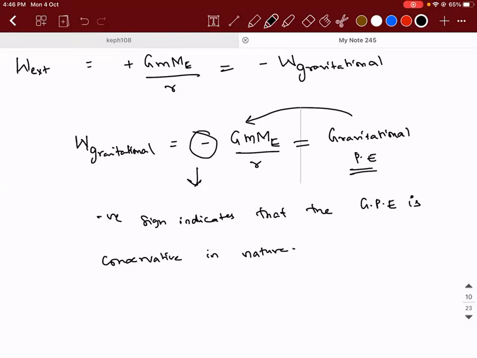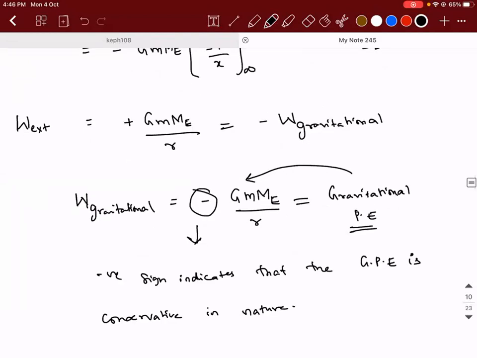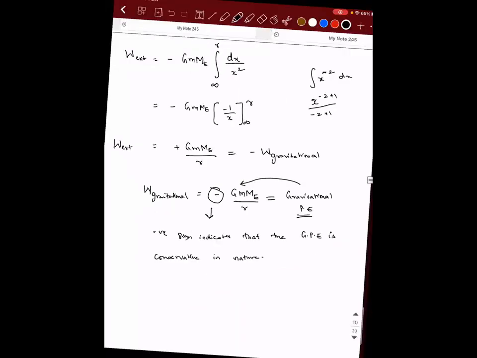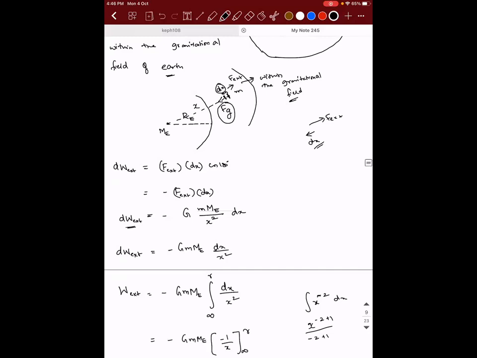Sir, could you show the diagram? Sir, which is the gravitational field here?